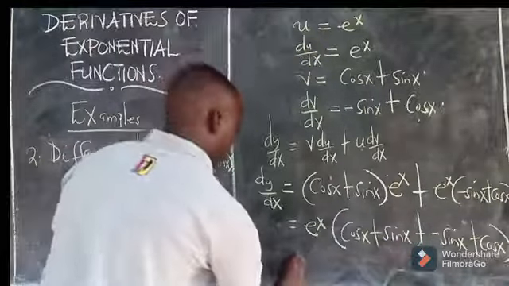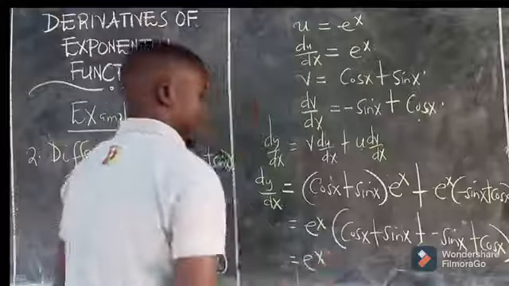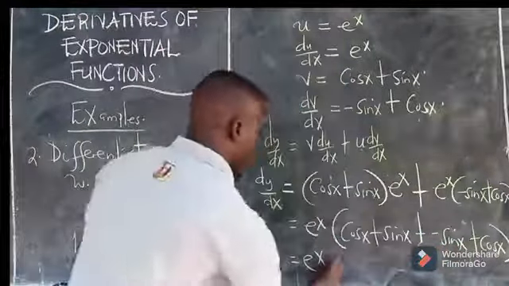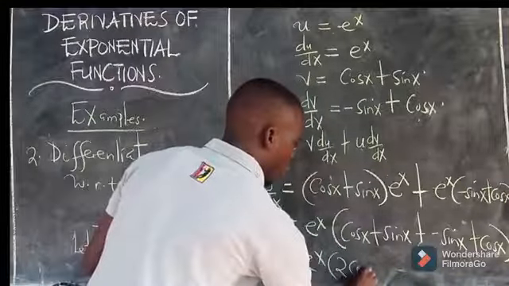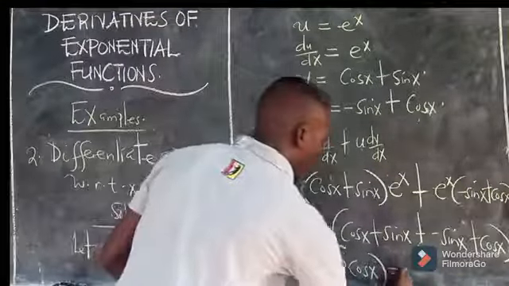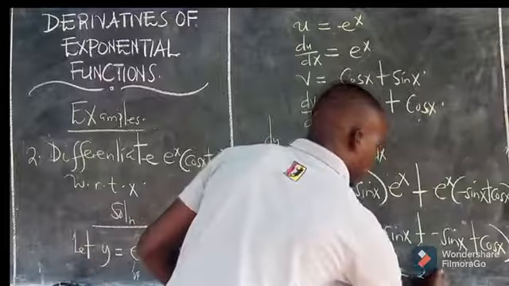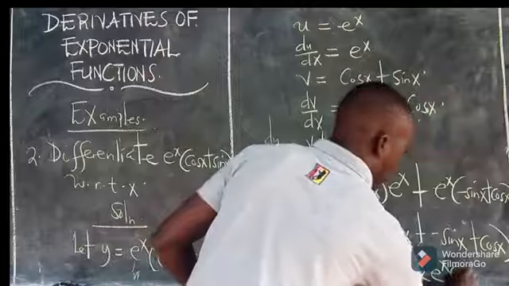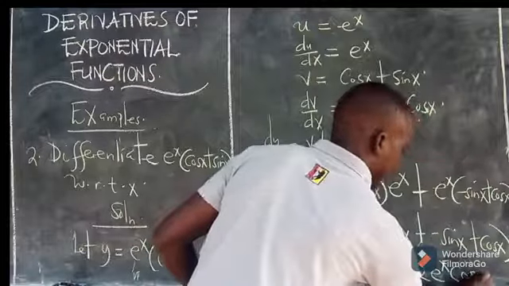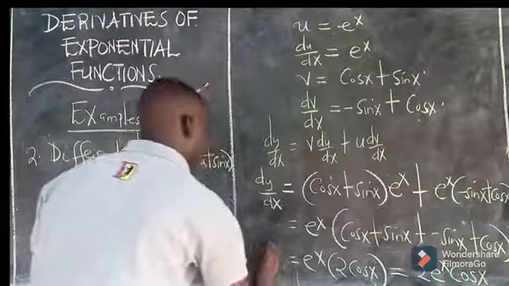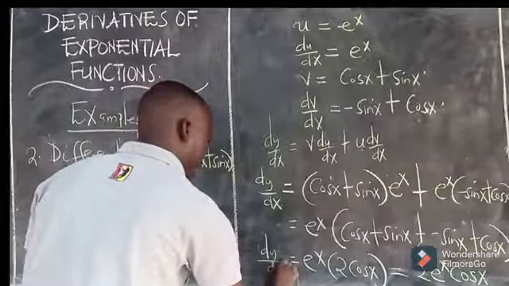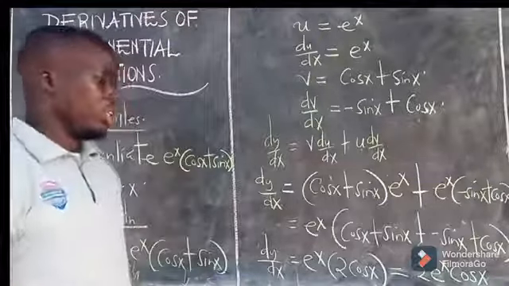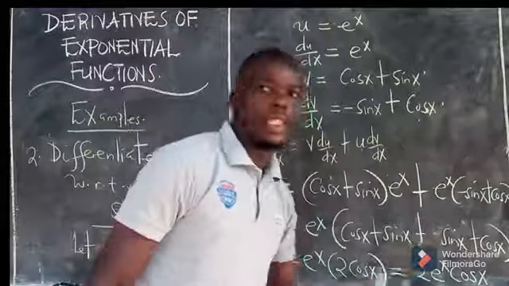So now we remain with exponential x times cos x plus cos x, which gives us 2 cos x. And the final answer comes to 2 exponential x cos of x. So that becomes our dy/dx. When you differentiate the whole of this function, you come up with something as small as that.